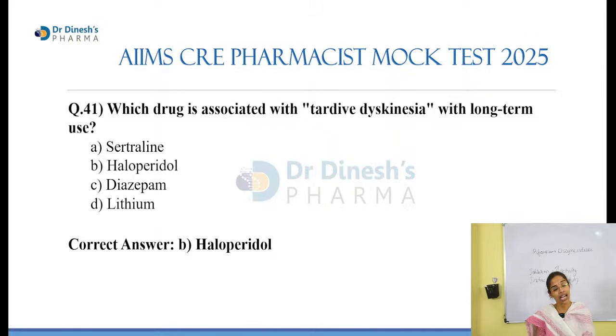Yeah, there are again so many drugs that are associated with tardive dyskinesia. And the right answer here is haloperidol. Haloperidol belongs to the class of what? We have to remember here that tardive dyskinesia is one of the extrapyramidal effects, EPS or extrapyramidal reactions.